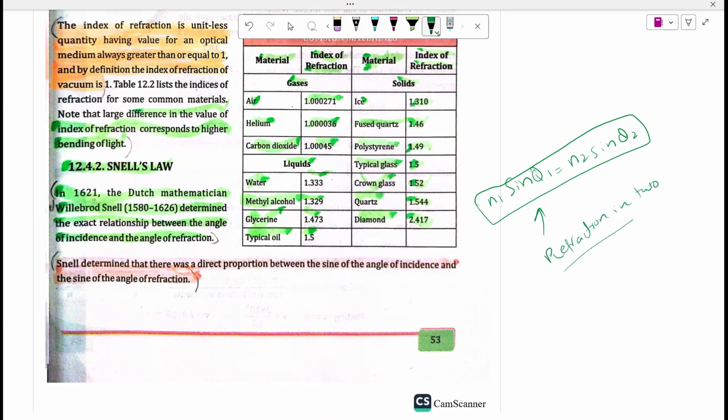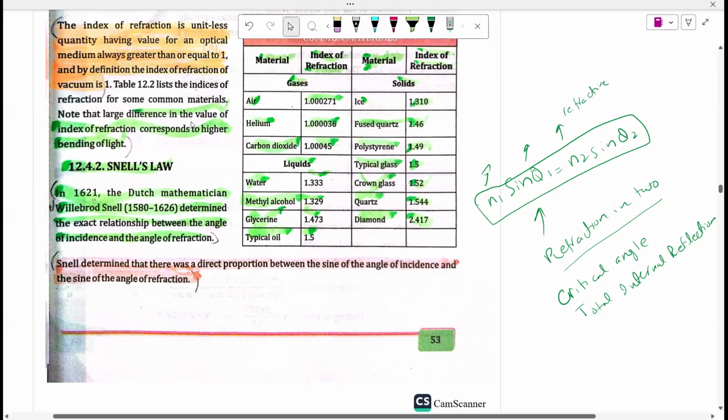And this is the basis of our next topic, which would be critical angle and total internal reflection. These two topics are based on Snell's law. N1 is the refractive index of the first medium, theta 1 is the angle in the first medium, and n2 is the refractive index of the second medium.